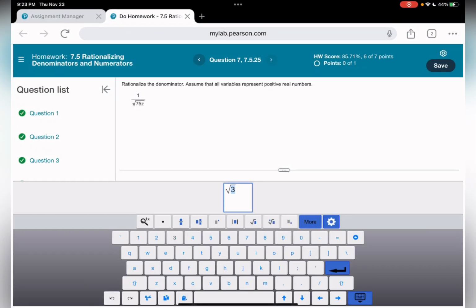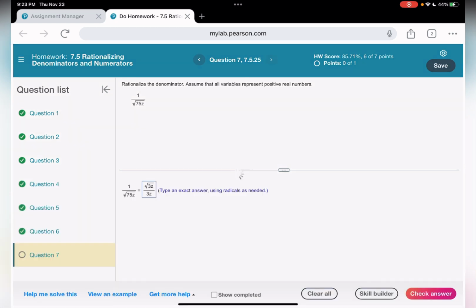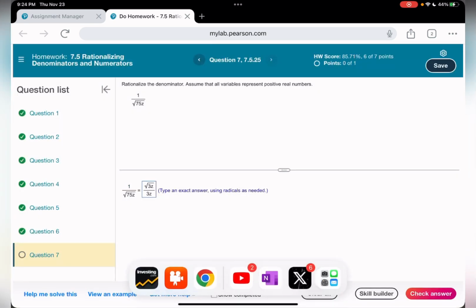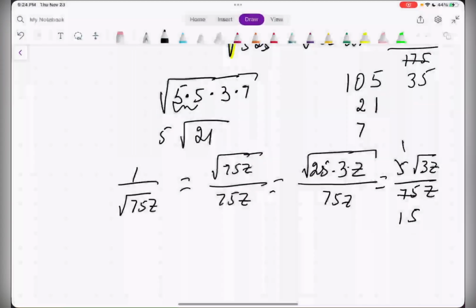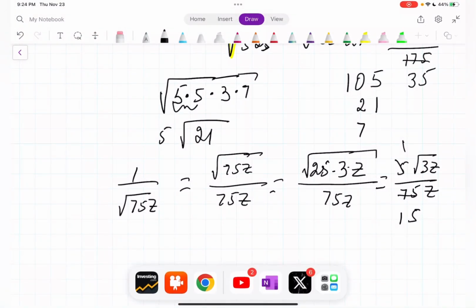Square root 3z over 15z. Let me see. Okay.